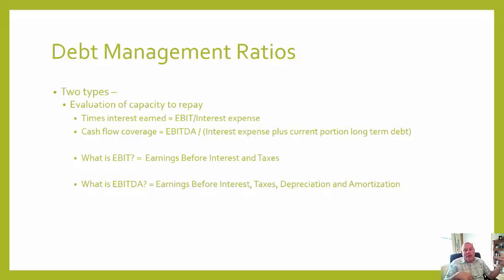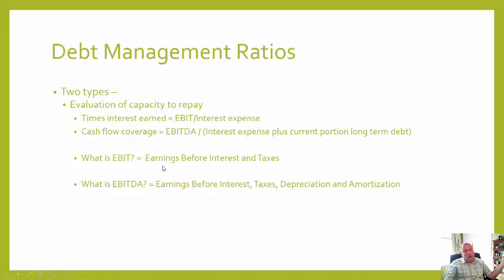There's two basic ones, and these are used, believe me, all the time. I'm working on a deal right now as we speak where the cash flow coverage is probably the most important thing all of our lenders and participants in this project are looking at. The first one is times interest earned, which is EBIT divided by interest expense.